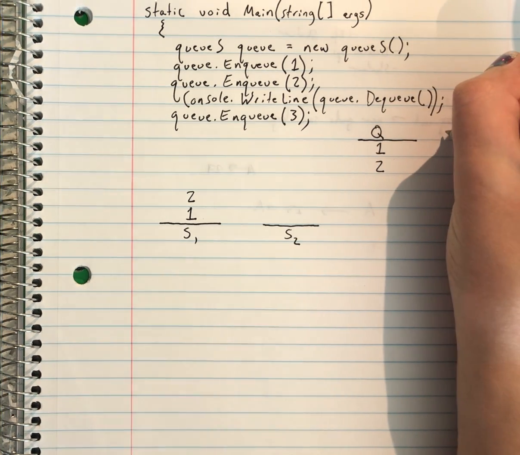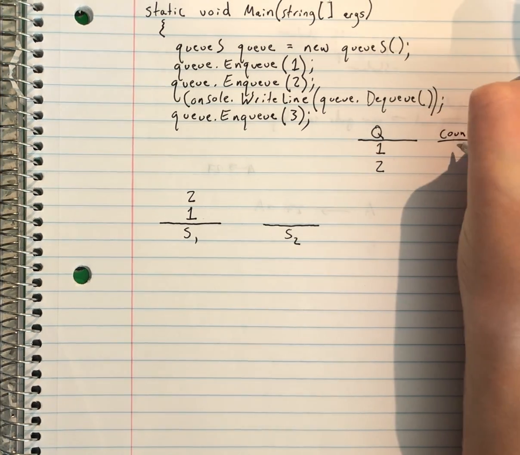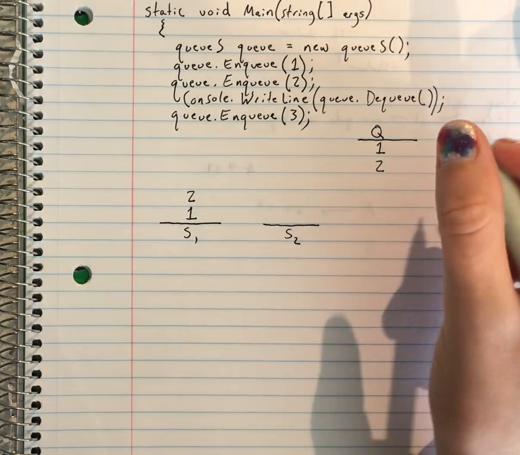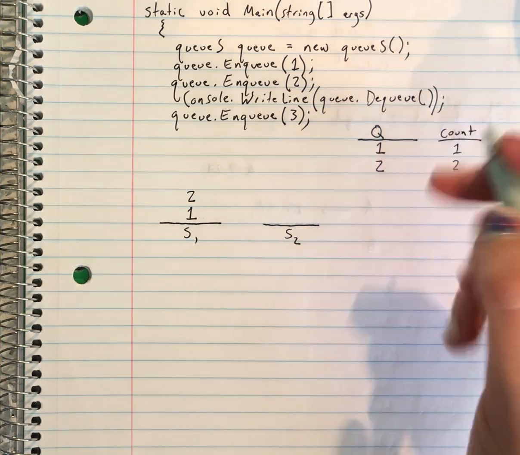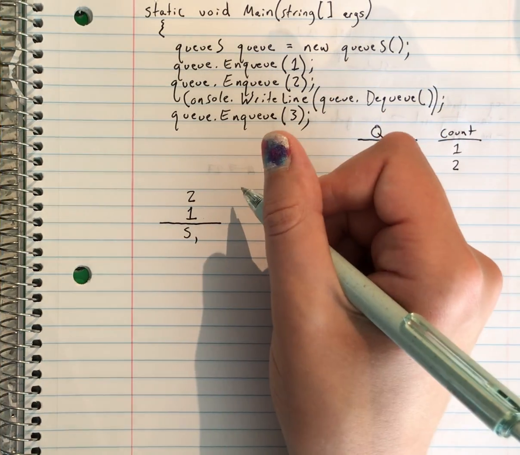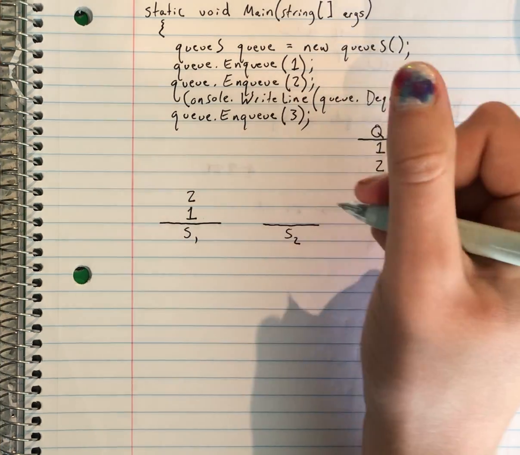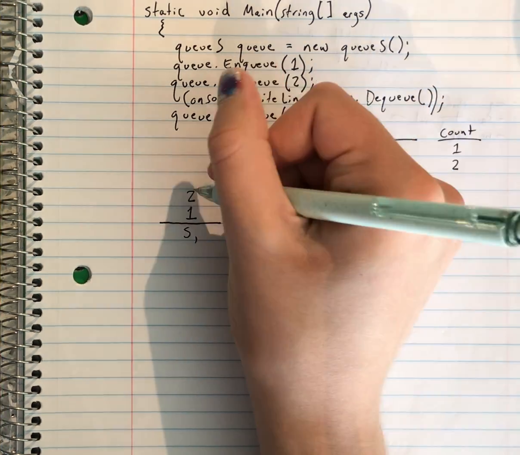What happens is, right now count was 1, and now count is 2. That's a funny coincidence. So we're going to dequeue. What we're going to do is move count - 1 elements into S2. So 2 goes into S2.